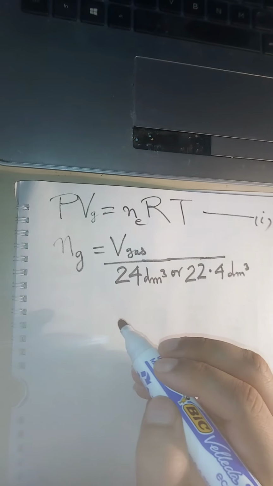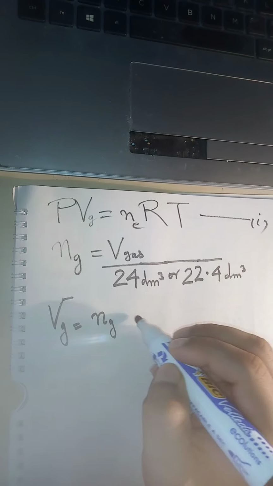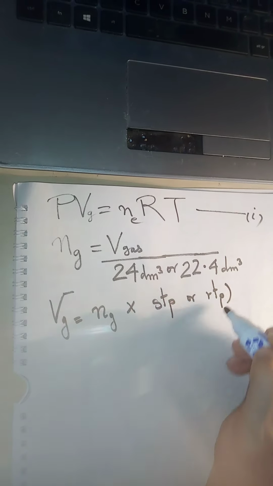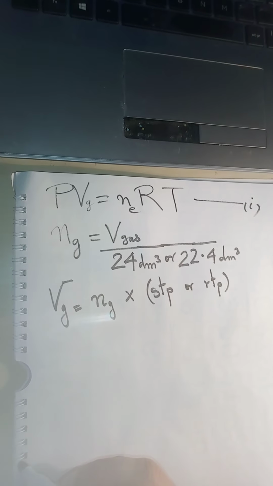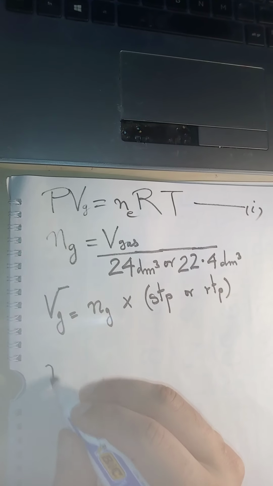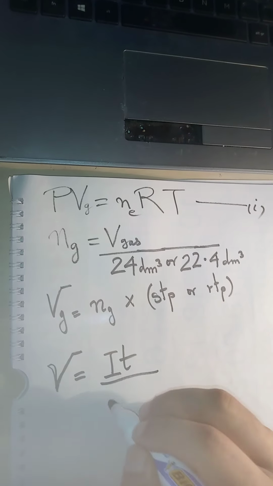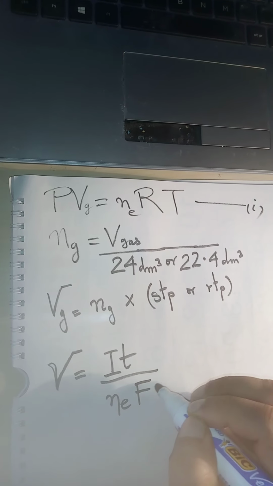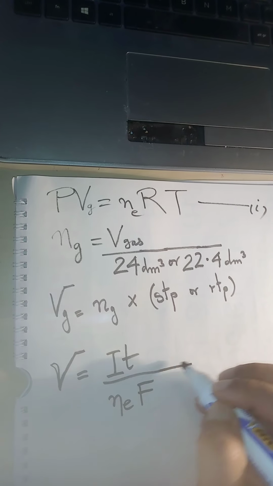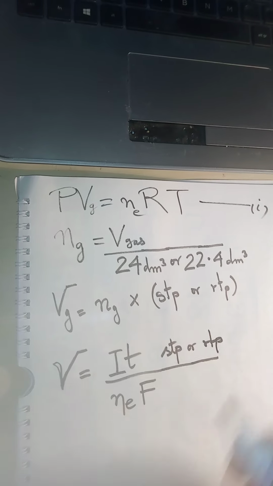And then there's another one called gas times STP or RTP, whilst the one that ought to be used is I T over the number of moles of electrons, that's F, times STP or RTP.